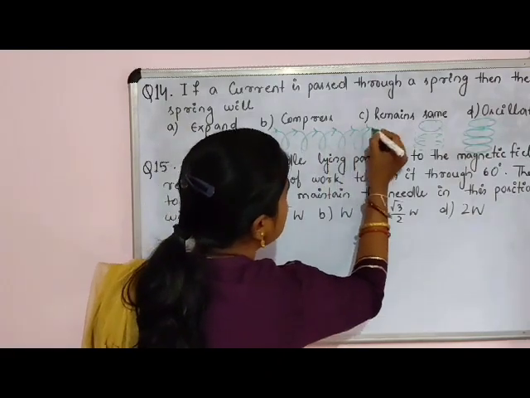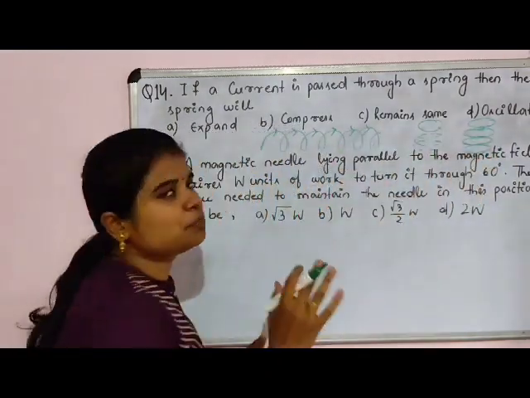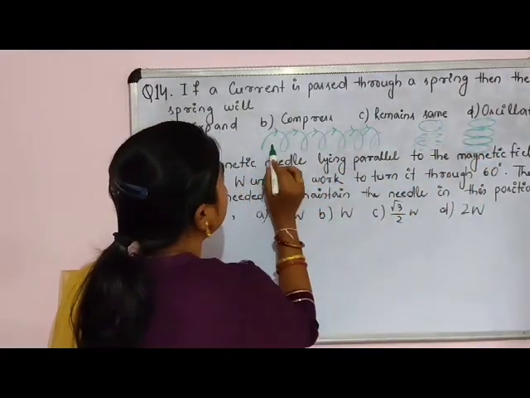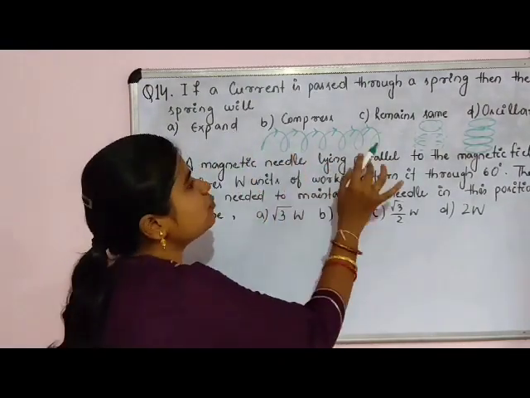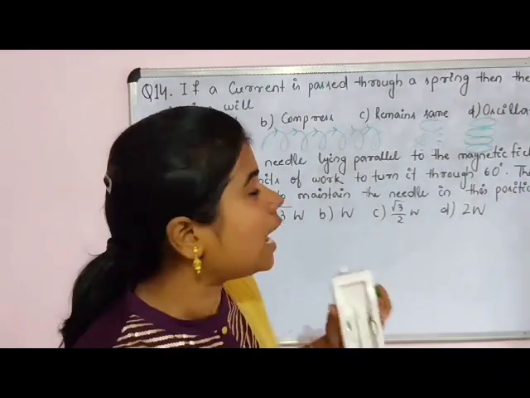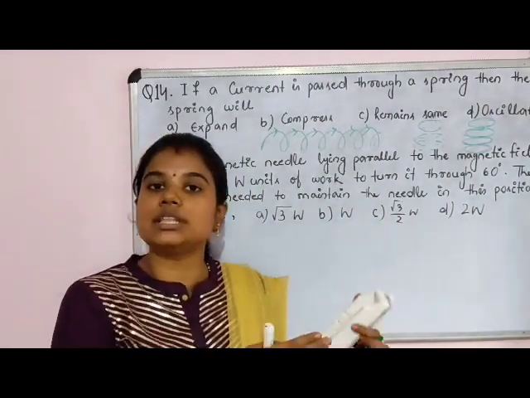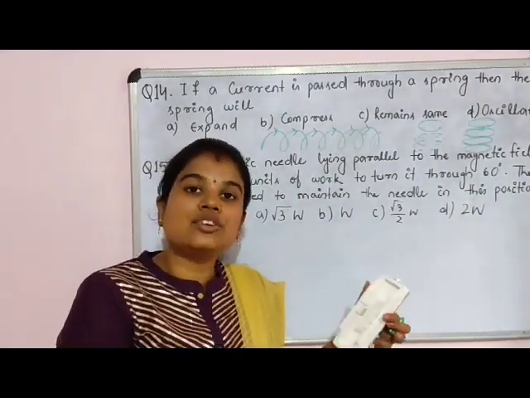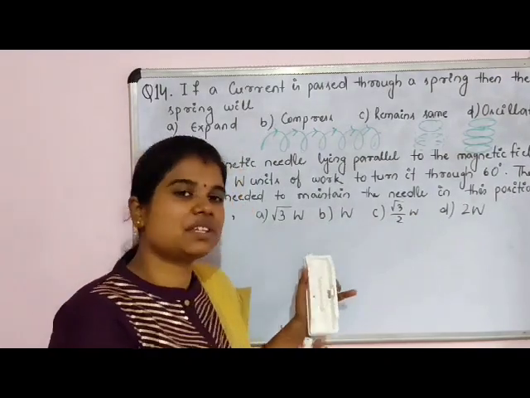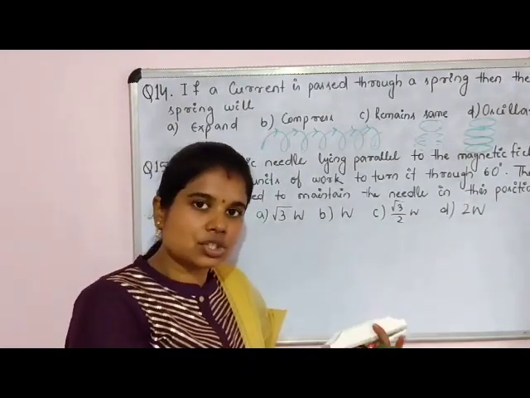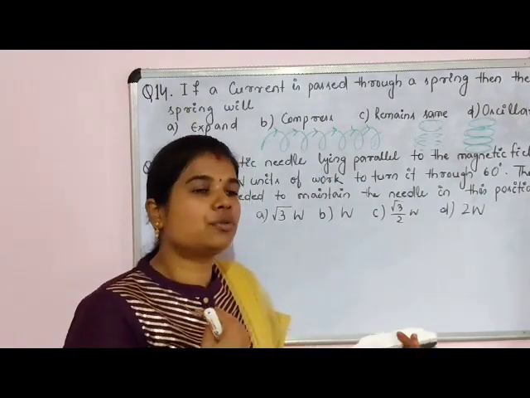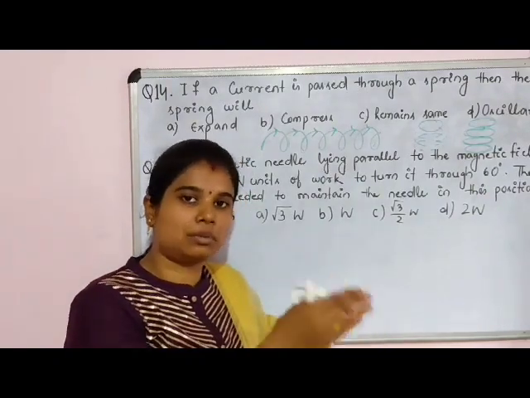See, now this is the pattern of current in a spring. That means in consecutive circular turns of a spring, the currents are moving in the same direction. And we know when the currents are moving in the same direction, they will attract each other. Just as in the previous example we discussed, when the currents are going in the same direction, the force acting between two conductors will be attractive.